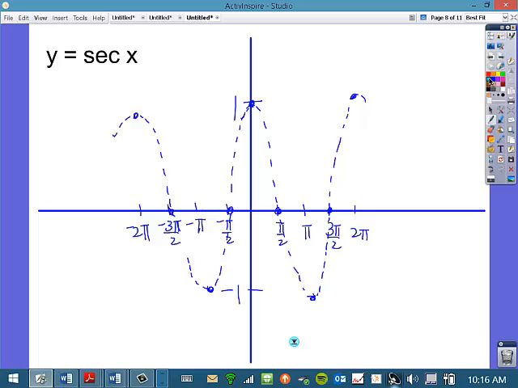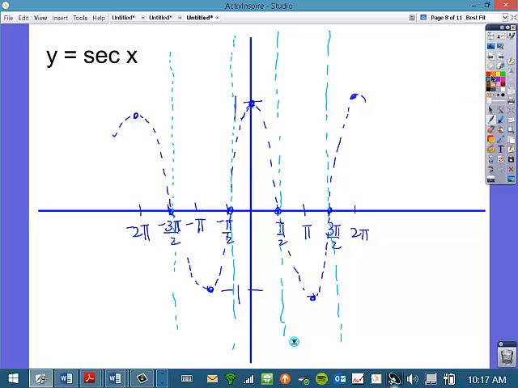Now I'm going to graph my asymptotes. So my asymptotes, wherever my cosine function passes that middle line. I'm going to have an asymptote at negative pi over 2, an asymptote at pi over 2, and an asymptote at 3 pi over 2.